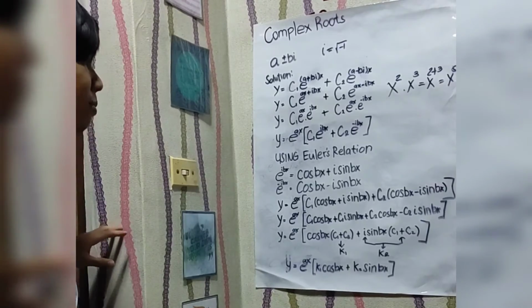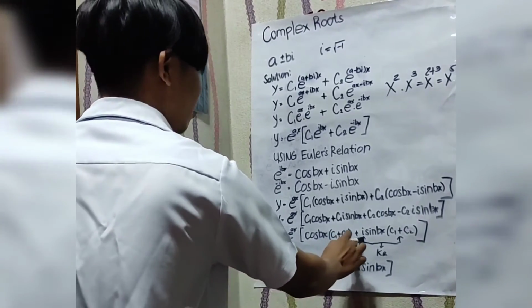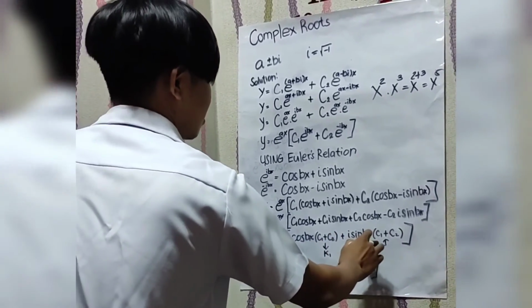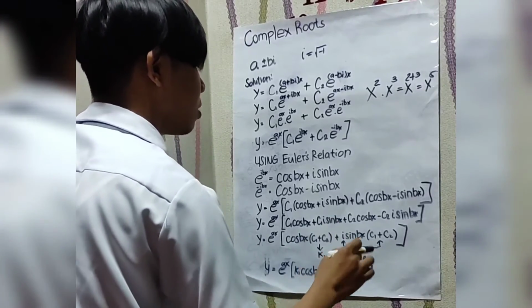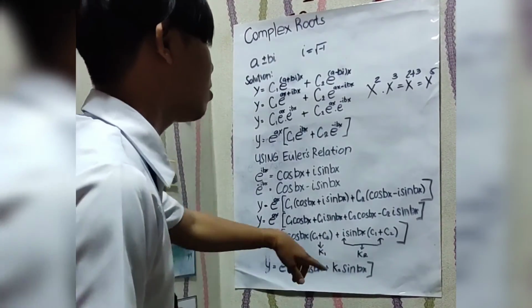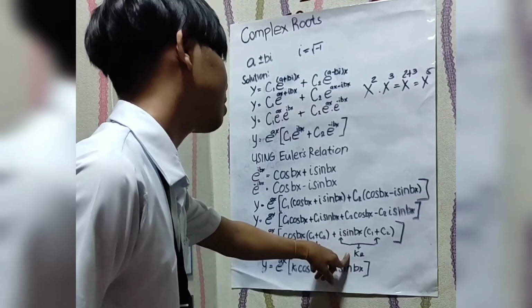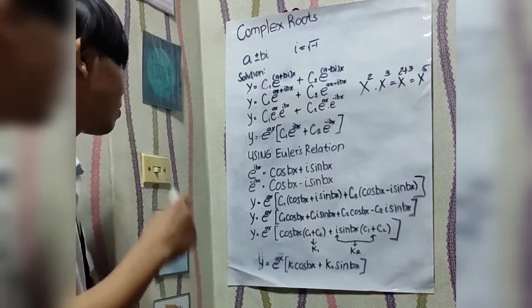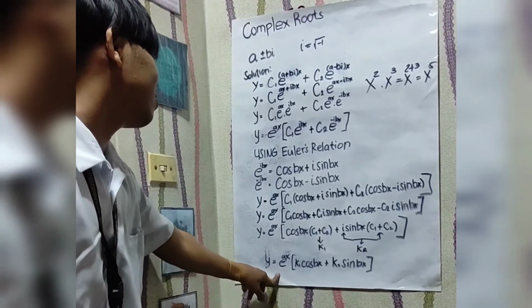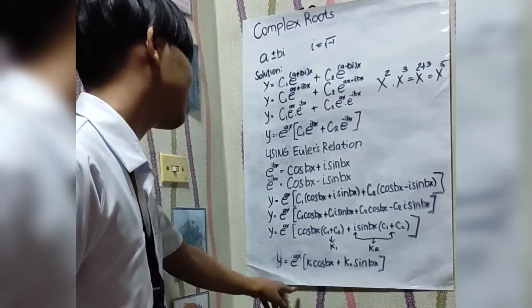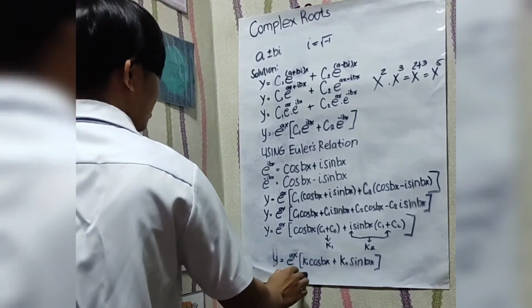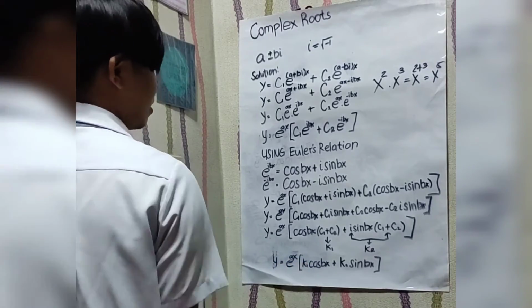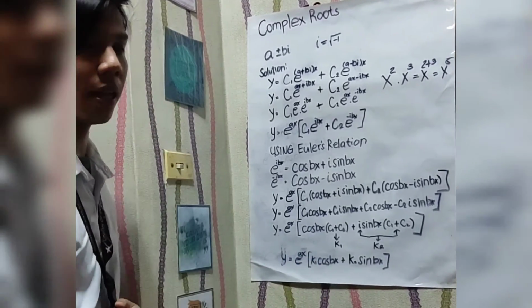Means constant pa din po siya. Pati din po itong i times c1 plus c2 is constant din po. I-represent po natin siya as k2. So, further simplification po, y is equals to e raised to ax times quantity k cosine bx plus k2 sin bx.